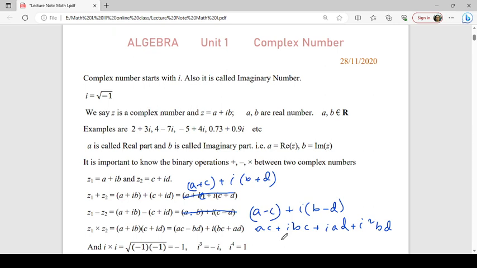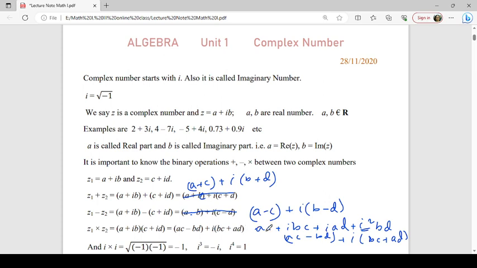So this becomes real now: ac minus bd, plus i times bc plus ad. So here the real part is ac minus bd and the imaginary part is bc plus ad.